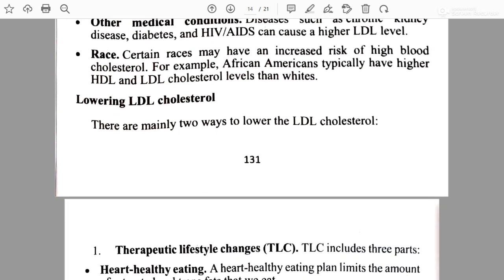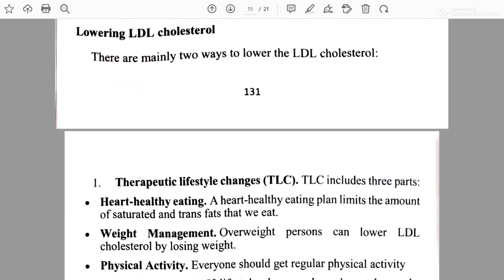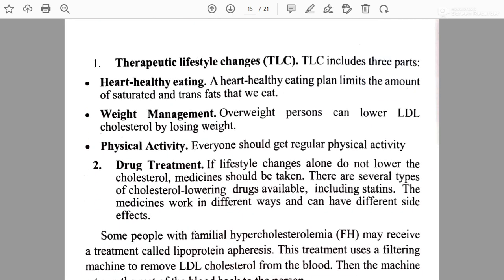Lowering of LDL cholesterol. There are two main ways to lower the LDL cholesterol. First is therapeutic lifestyle changes, that is TLC, which includes three parts. Heart healthy eating, that is, a heart healthy eating plan limits the amount of saturated and trans fats that we eat.